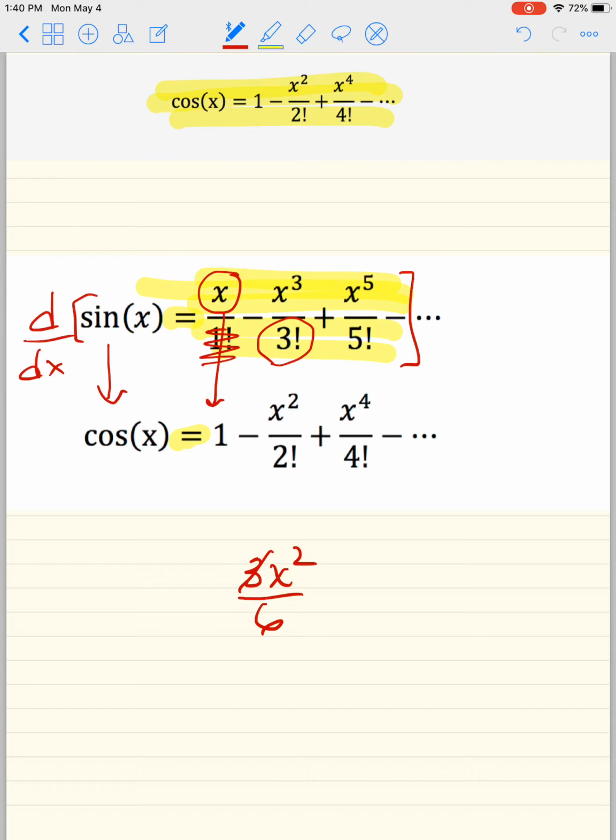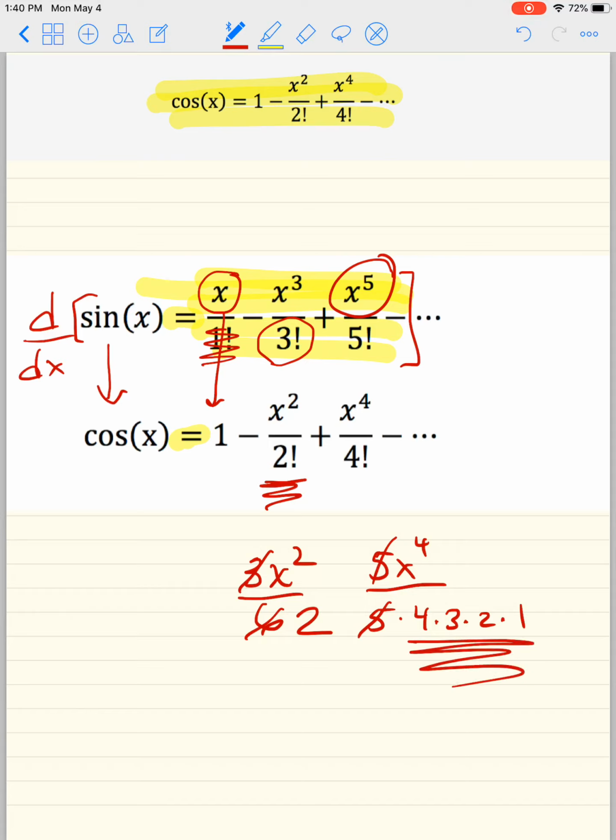So 3 factorial, 3 divided by 6 is just 2. And remember, 2 can be written as 2 factorial. 5x to the fourth would be the next derivative over 5 factorial. Remember, 5 factorial is 5 times 4 times 3 times 2 times 1. The 5's cancel out, and you're left with this. That's 4 factorial.